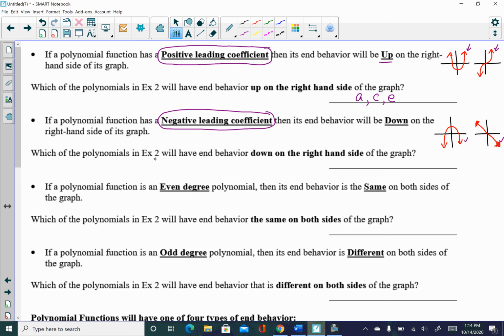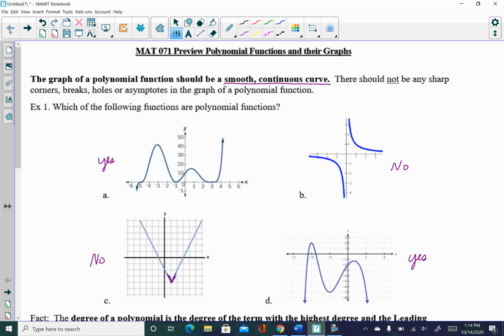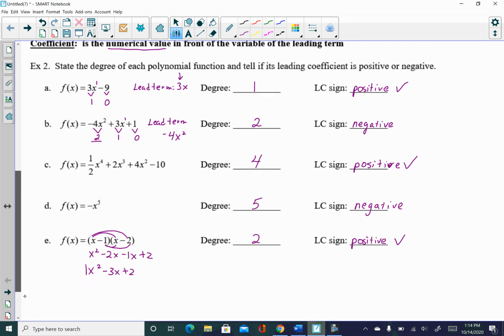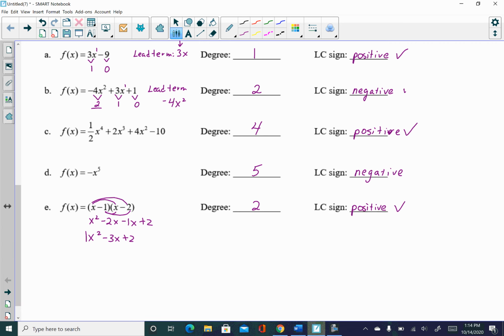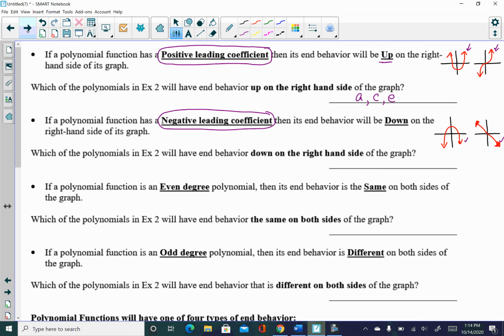Now go back and look at your example 2. Which ones are going to have end behavior of being down on the right-hand side? Hopefully you agree, that would be B and D. So come back over here, B and D.